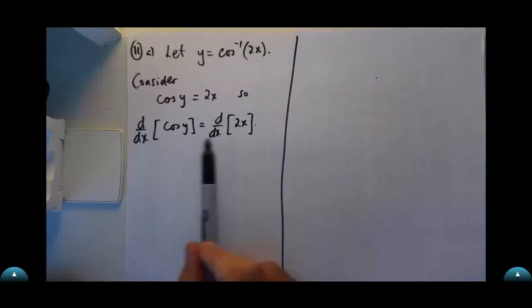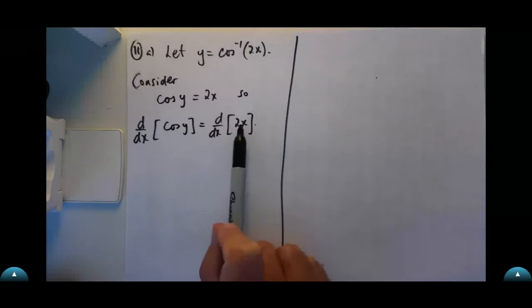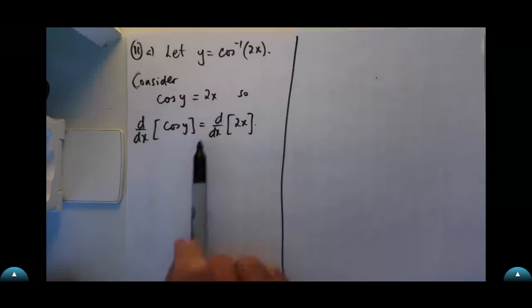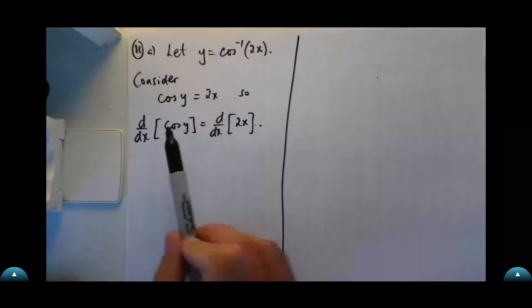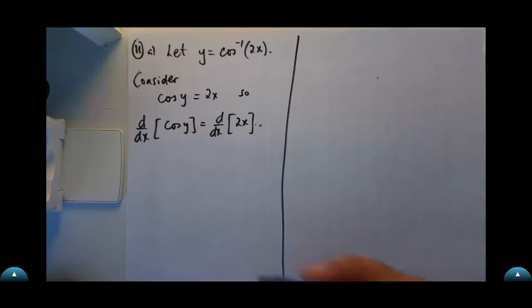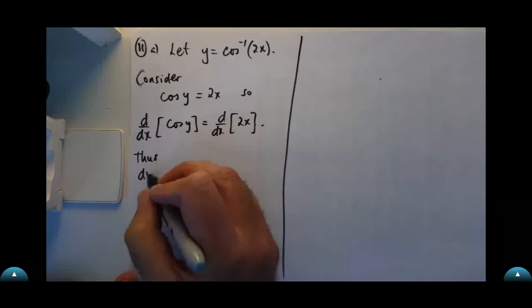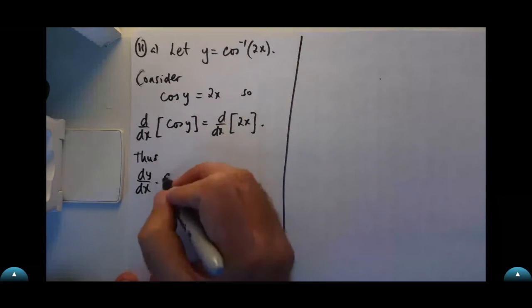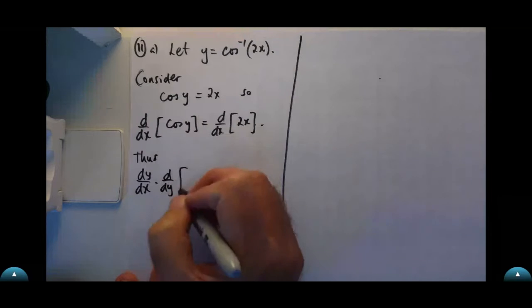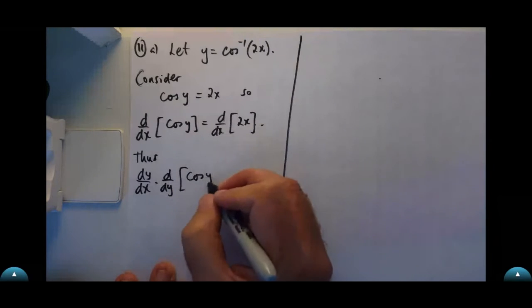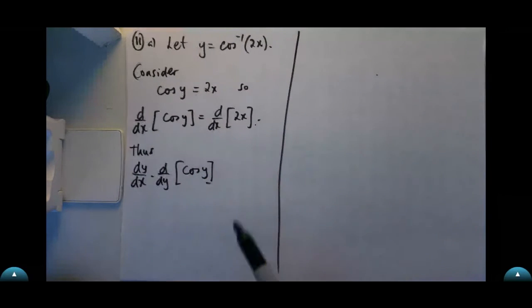Okay, so that's easy to do, this right-hand side, because the derivative of 2x with respect to x is just 2. This is not so hard, but what I can do is use the chain rule here on the left-hand side. Okay, so watch. What I've done there, the dy's can cancel and you get back to the dx.